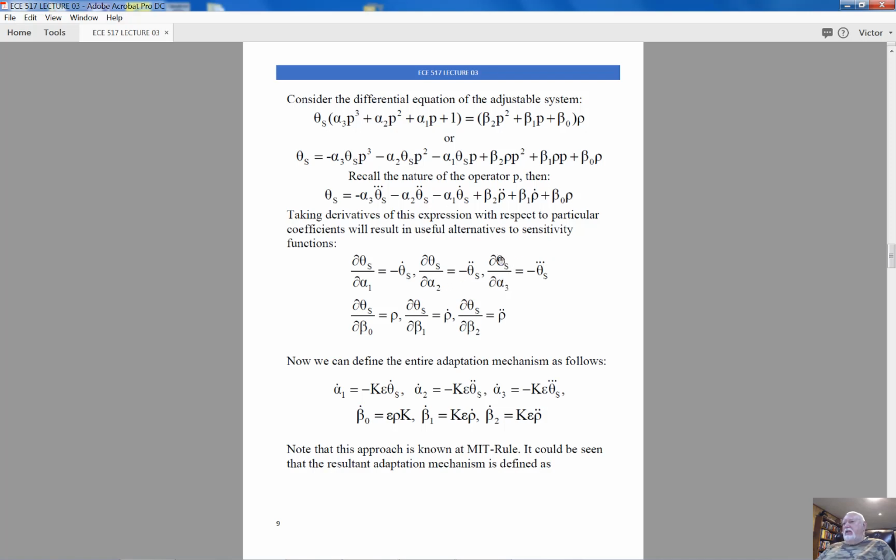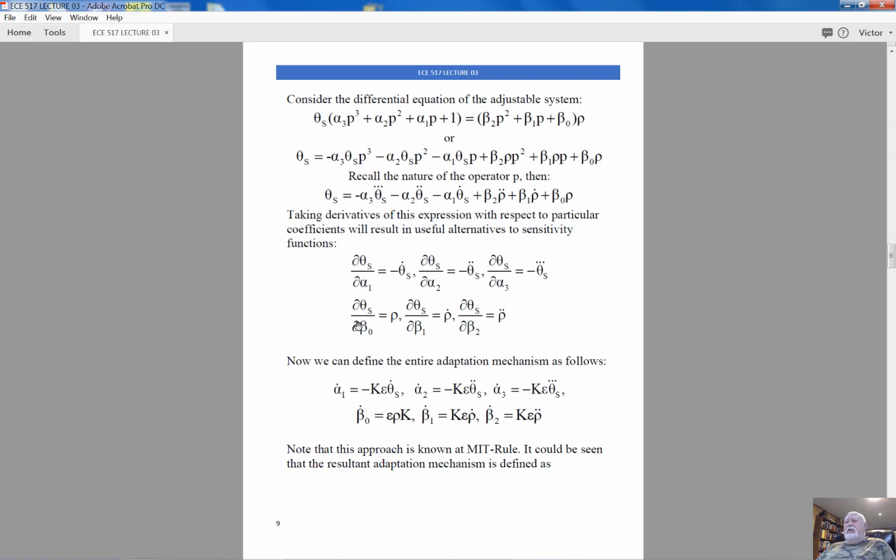And similarly, taking the derivative of theta s with respect to alpha 3 will give you the third derivative of theta s with minus. This is something that we will utilize in the adaptation mechanism.